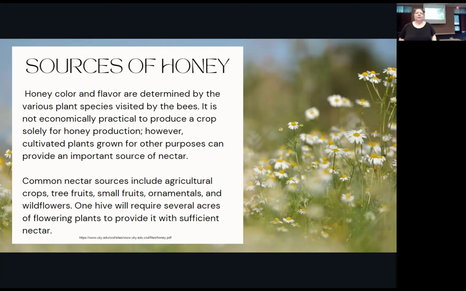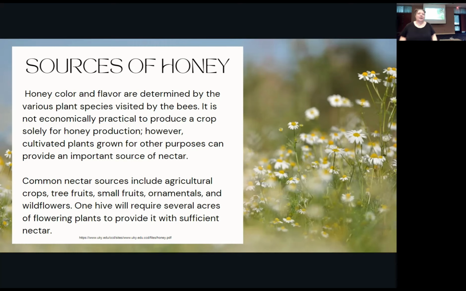Remember, 2 million flowers to make 1 pound of honey. Think about that. Last year, I made close to 2,000 pounds of honey. So think about the range and the flowers and everything that went into that.